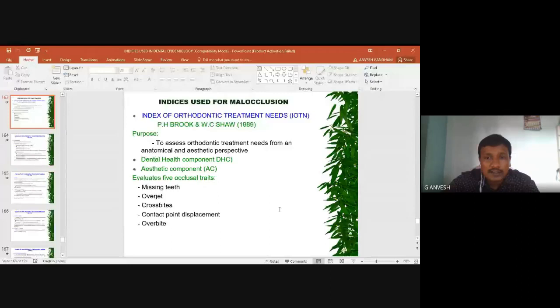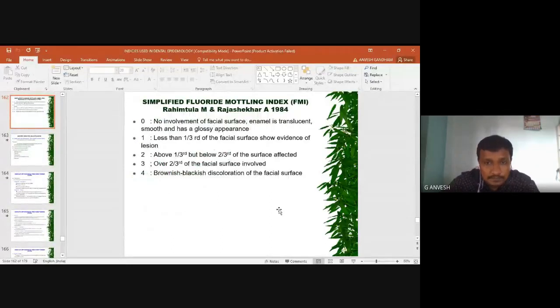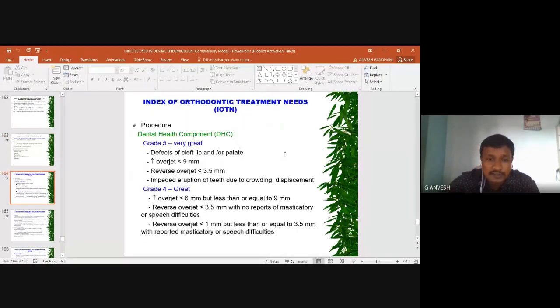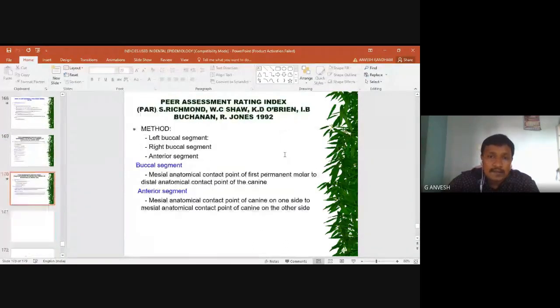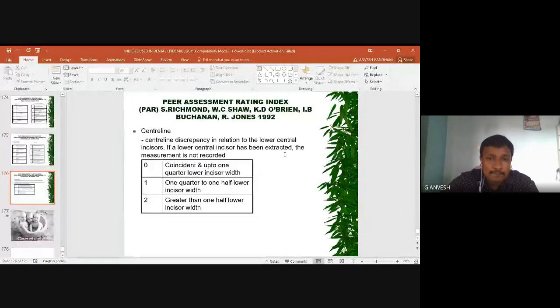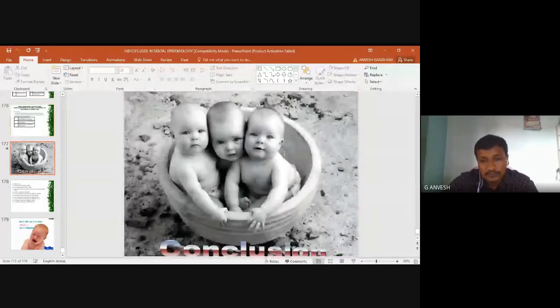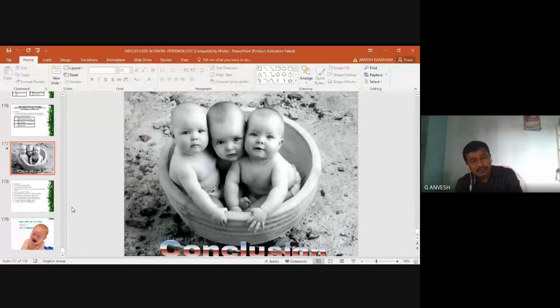The index of orthodontic treatment needs is the only one that will suggest the malocclusion status. In the next class we will see about the gingival status indices.